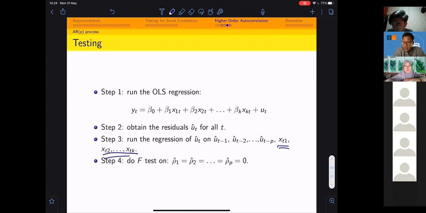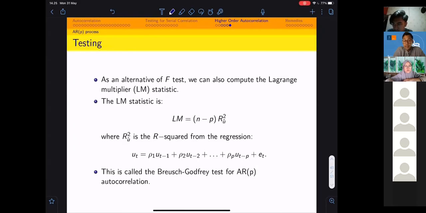So what's the difference in the assumption? The Breusch-Godfrey test still assumes strict exogeneity, while in Durbin's alternative we assume there is no strict exogeneity.